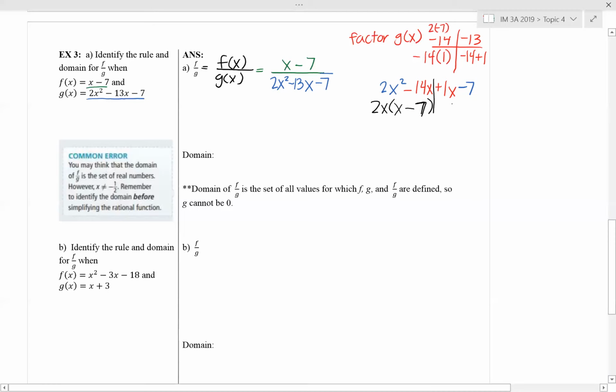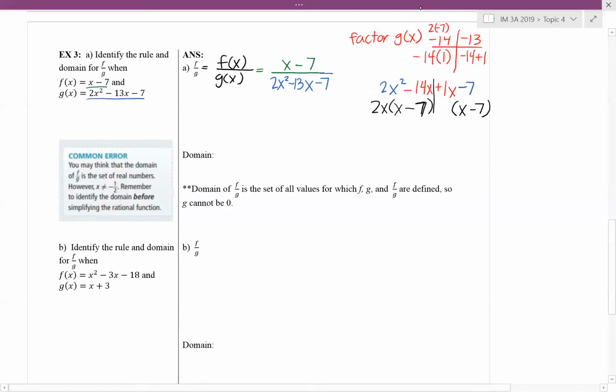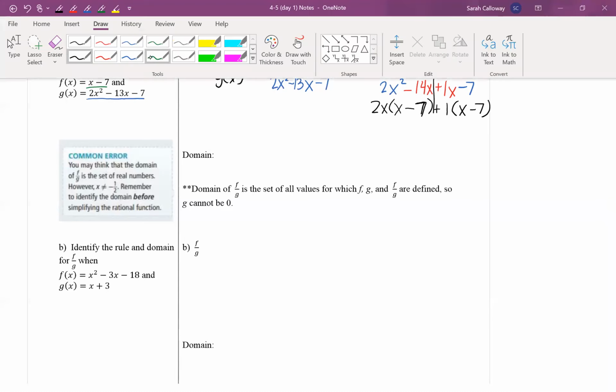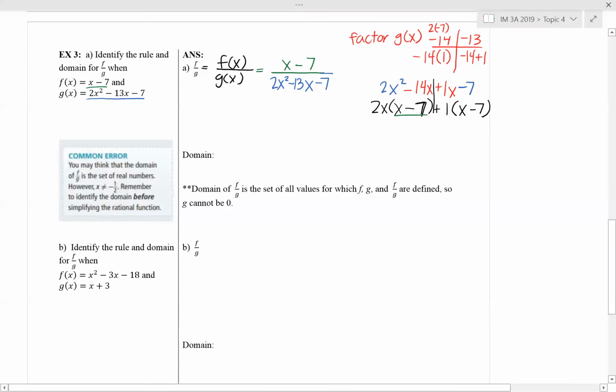Remember what this means is that we should also end up with an x minus 7 left over when we find the GCF of the second group. And so since it is x minus 7, that means that the GCF for this is just 1. Remember that we have to write the 1 when we're factoring by grouping because the next step is to factor out the new greatest common factor of these two terms.